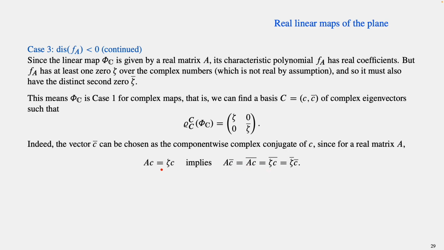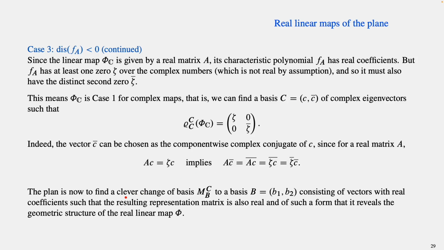This, by assumption, is complex conjugate of zeta times C. And because complex conjugation is compatible with multiplication, this is bar zeta times bar C. So this shows us that if C is an eigenvector for zeta, then as an eigenvector for zeta bar, we can just take the component-wise conjugate C bar. And this is what this notation should suggest.